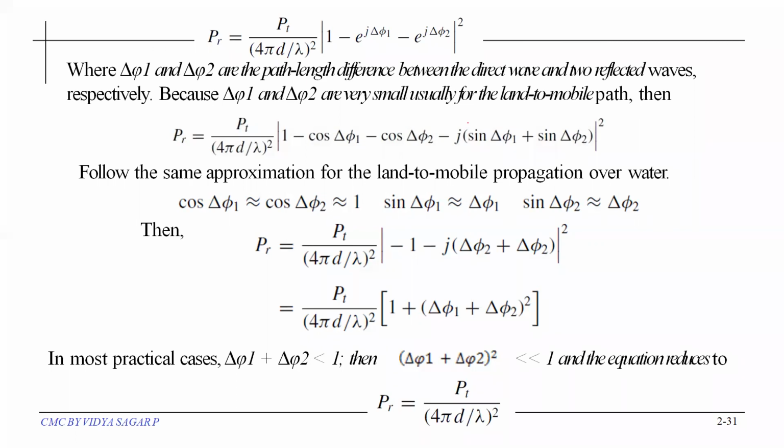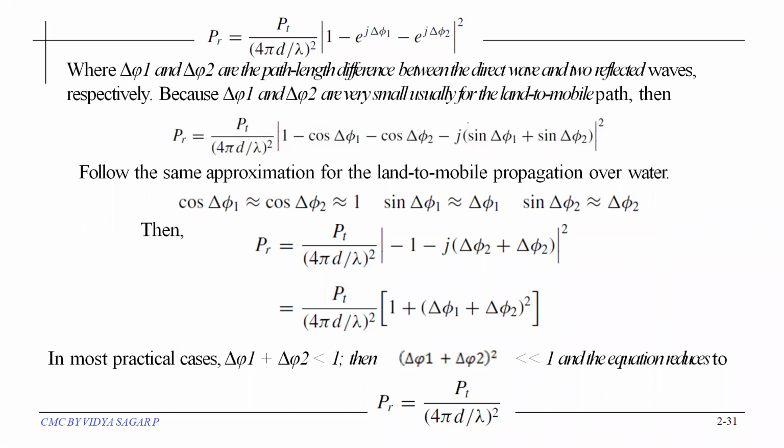Now here the delta phi 1 and delta phi 2. Whereas in both fixed stations only delta phi is considered as the phase difference. Now here delta phi 1 and delta phi 2 are the path length difference between the direct wave and the two reflected waves.